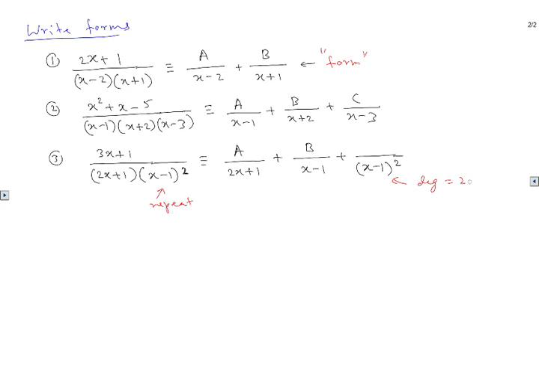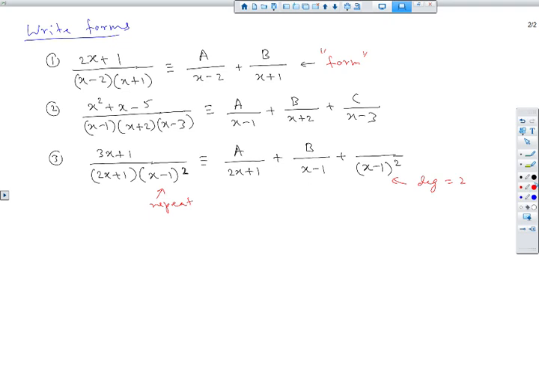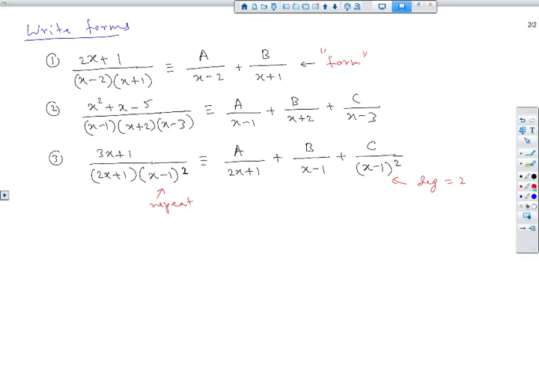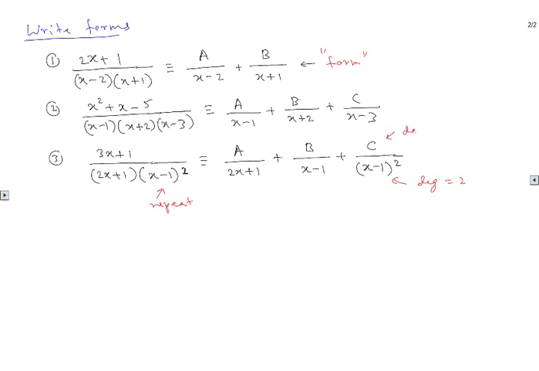But when you have repeated factors, you can simply follow the pattern of the lowest one, which is a degree 0 term on the numerator. That means it is just a constant term. This only works when we have repeated factors. So you follow the pattern of the smallest one.